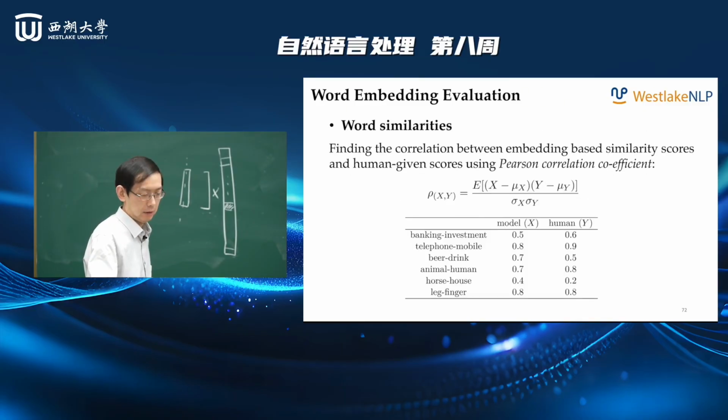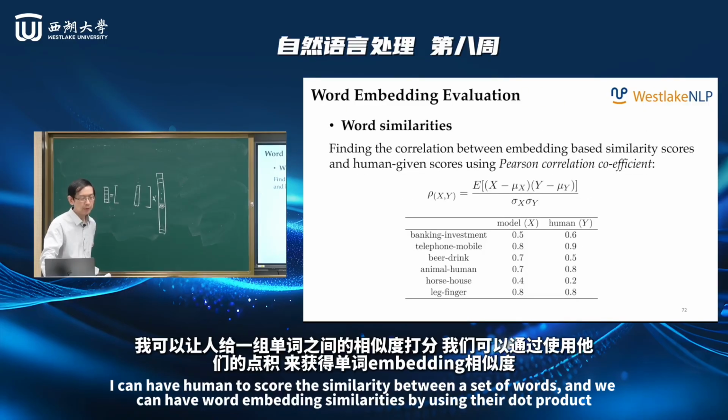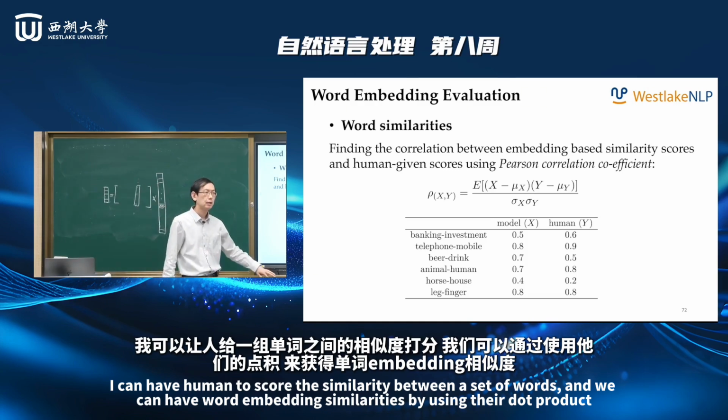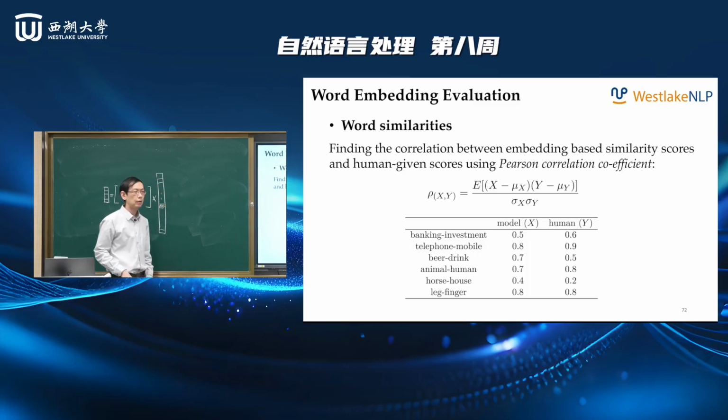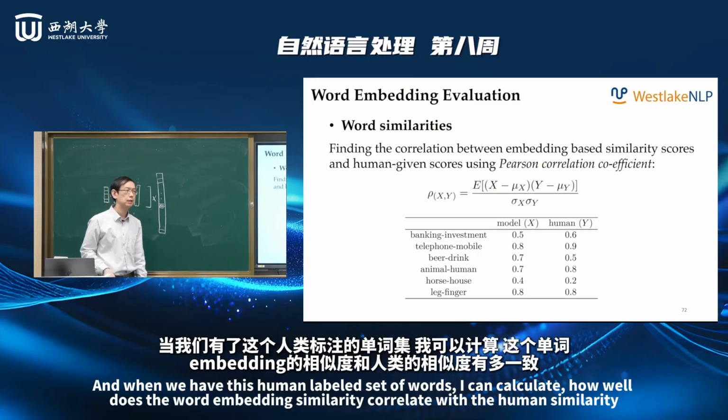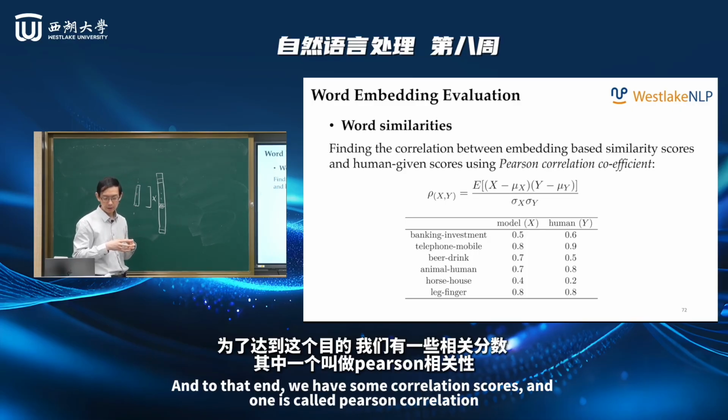I can have humans score the similarity between a set of words. And we can have word embedding similarities by using their dot product, okay? And when we have this human labeled set of words, I can calculate how well the word embedding similarity correlates with the human similarity. And to that end, we have some correlation scores.